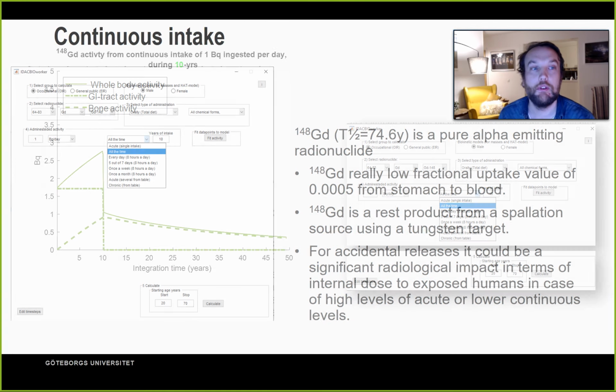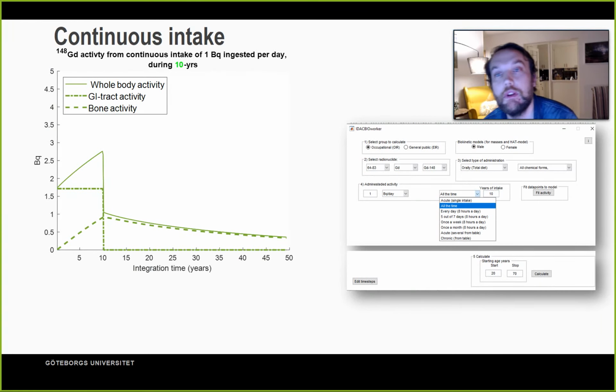So we tested the code for continuous intake. We put in gadolinium at a continuous intake of 1 becquerel per day during 10 days, but we integrate for 50 years. And here you see the activity curves. The activity in the GI tract is small, as not much is transferred from the ingestion to the blood.